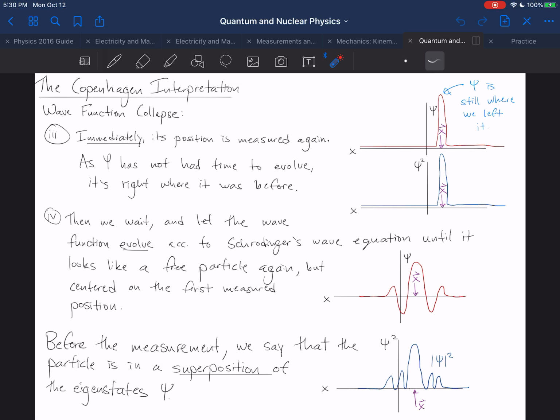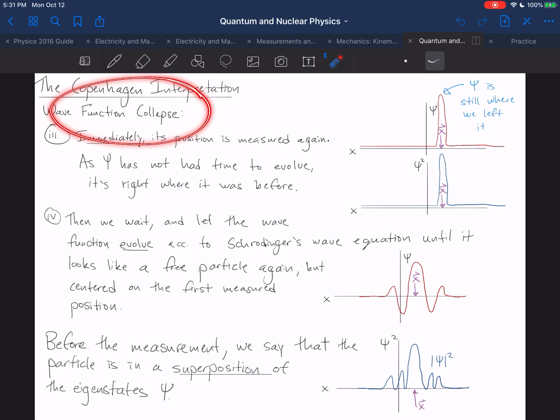You might ask, what constitutes a measurement? How do we know when the particle has been observed? That is, in some ways, the fiercest challenge of the Copenhagen interpretation. The obvious answer, that it's observed when a person observes it, seems deeply unsatisfying.